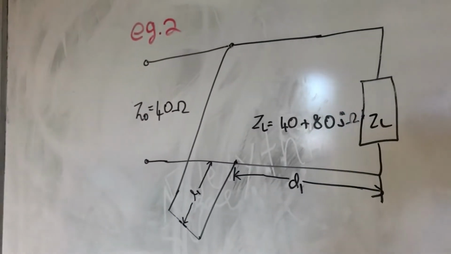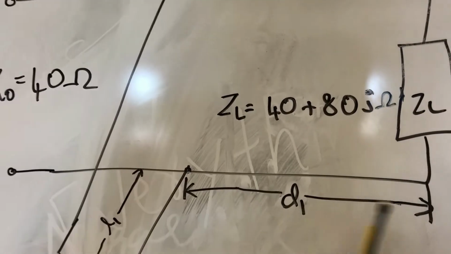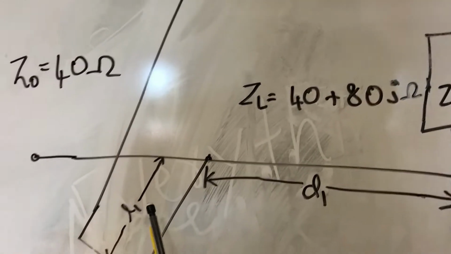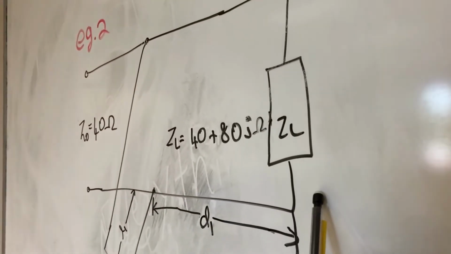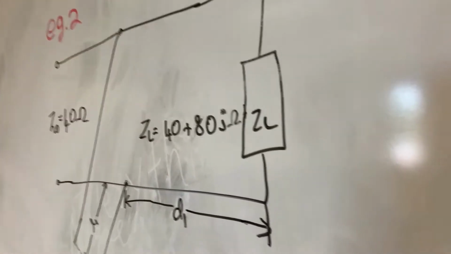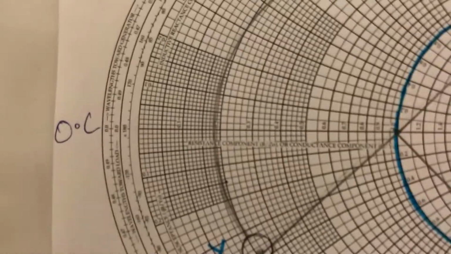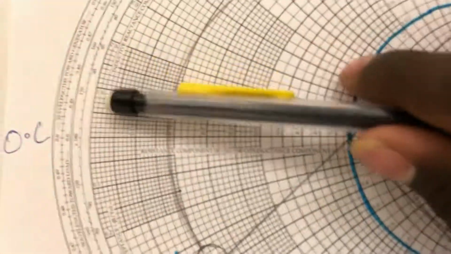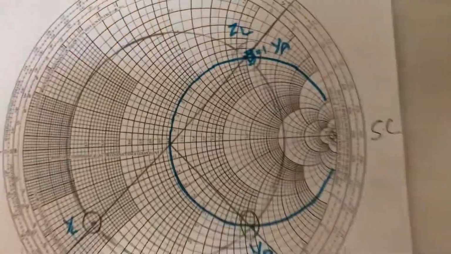So come to the circuit. As we can see, we need to find the distance from the load and length of the stub. So go back. Now take a look. We know the load, so we can go from load to generator, and it'd be much easier here. So look at this wavelength towards generator. This is the direction where we should travel.